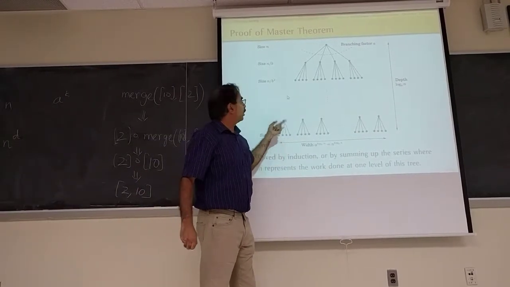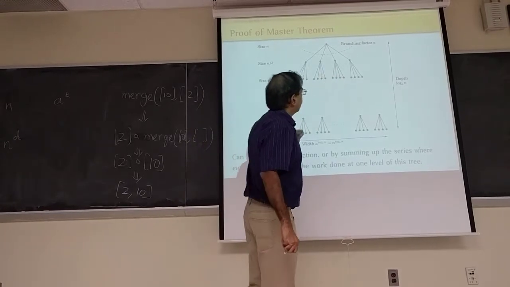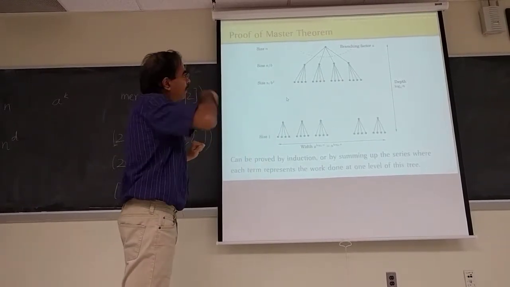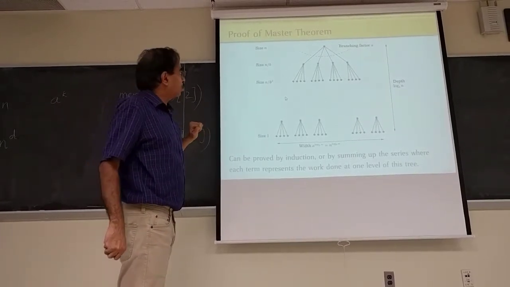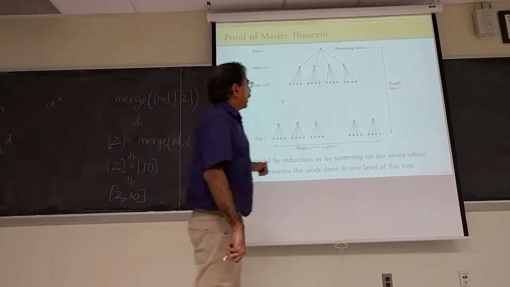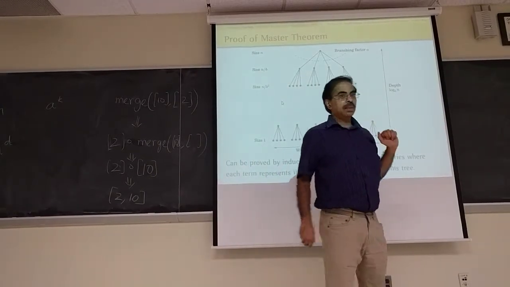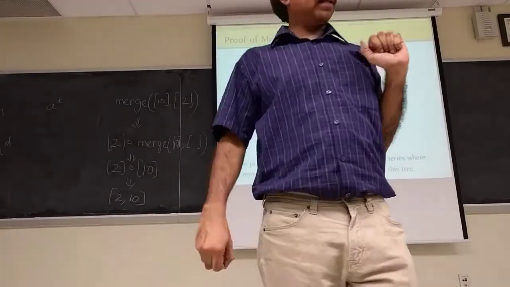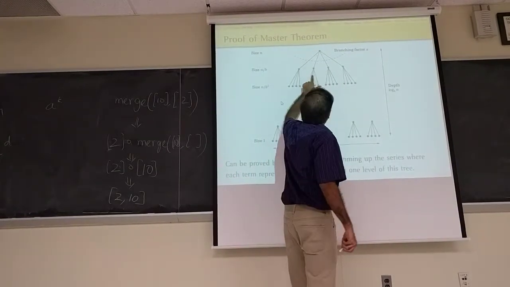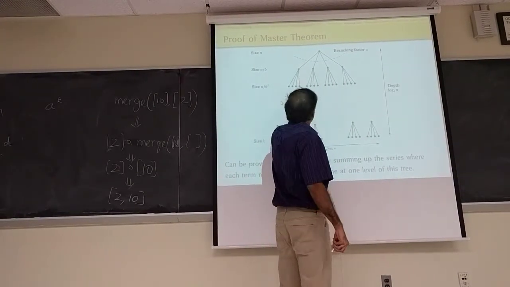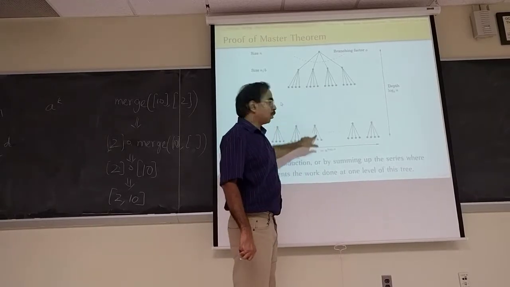Now we know that since you have a b-way branching, this is a b-way branching tree, therefore the depth is going to be log b to n, because you start with n elements, you have n by b squared, and all the way.